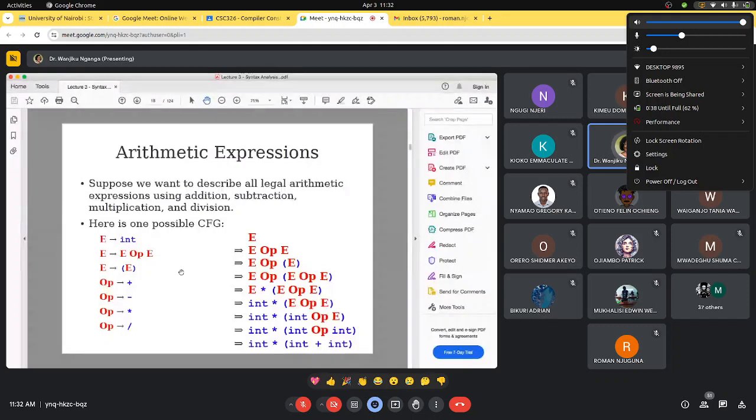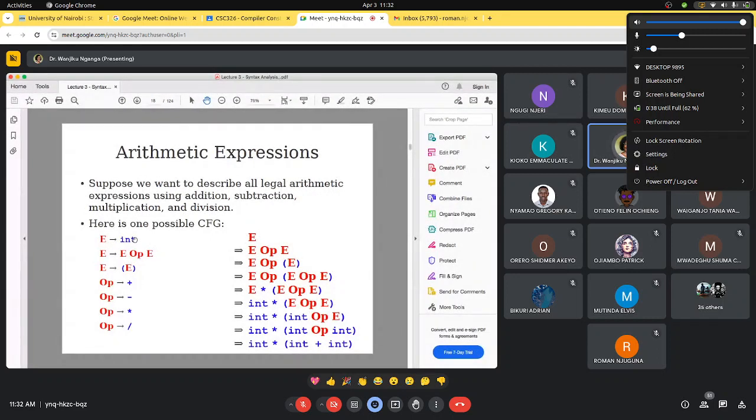So you take the language of arithmetic expressions. Supposing we want to describe all the legal expressions that we can have, that is addition, subtraction, multiplication, and division for now. There are many ways to express that CFG, and this is one example. So you could have our non-terminals here. We could say that expression is written as int.